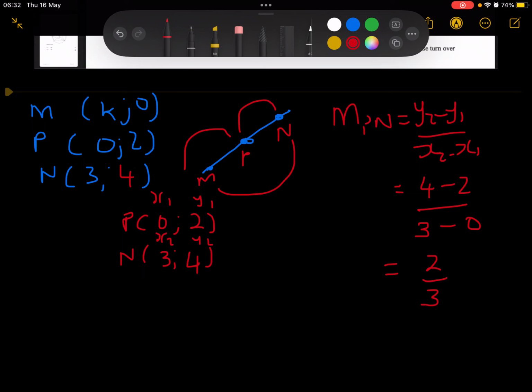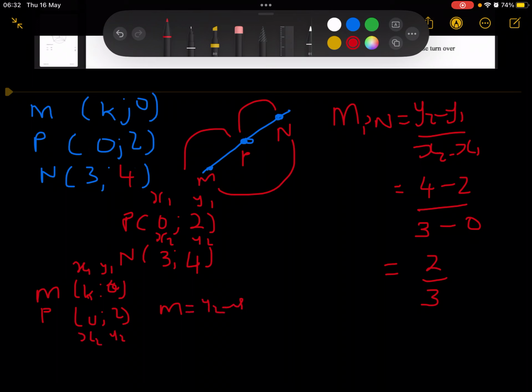Now that we have the gradient of PN, we have to calculate the gradient of MP, whereby this is (k; 0) and (0; 2), labeled x1, y1, x2, y2.